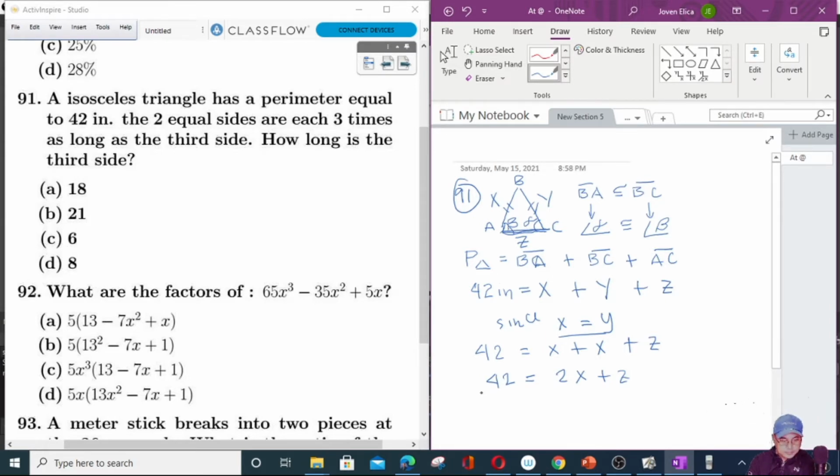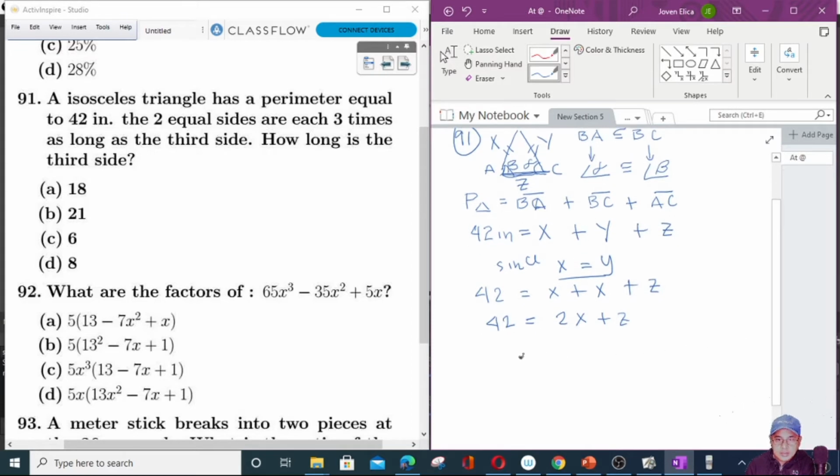Okay, now there's another condition here. The two equal sides are each 3 times as long as the third side.